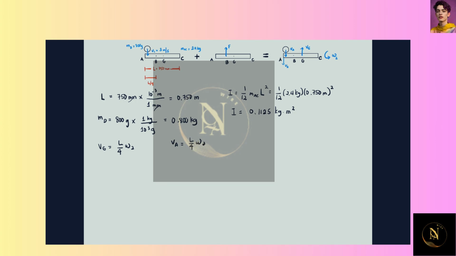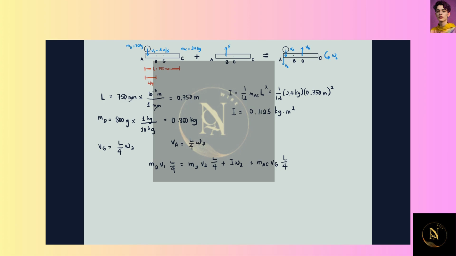Now, applying the principle of impulse and momentum and taking the moments about point B with a counterclockwise direction taken as positive, we'll have the equation md v1 times L over 4 equals md v2 times again L over 4 plus I omega 2 plus MAC times VG times L over 4.